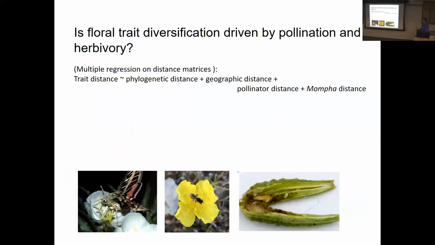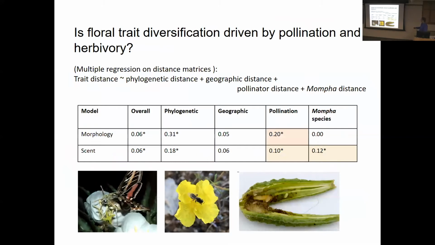So the question we asked is, if you take all of this data, can we ask to what extent pollinators versus Mampha are structuring the variation in the data sets? We're going to do a phylogenetically controlled multiple regression, taking into account phylogenetic distance, geographic distance, pollinator distance, and which species of Mampha.